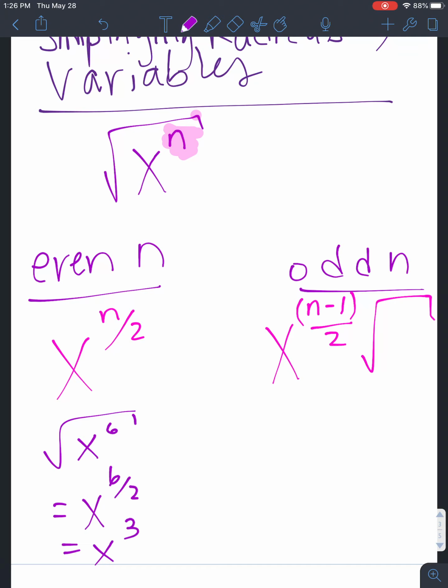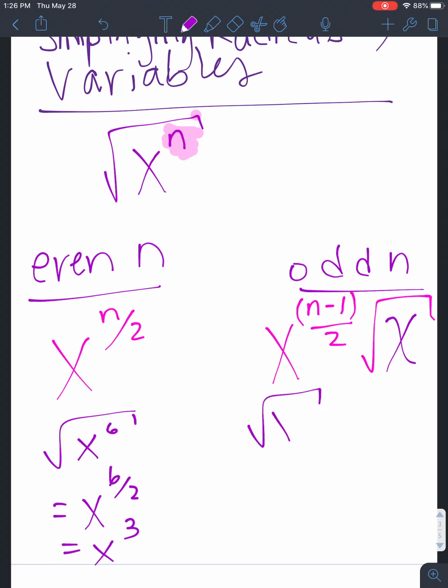Now if we have an odd n, then we always have x to the n minus 1 over 2, and then we also have this square root, and inside that square root is our square root of x.